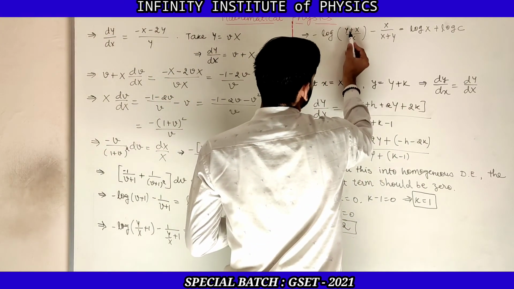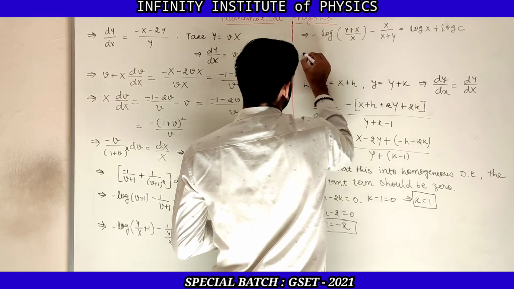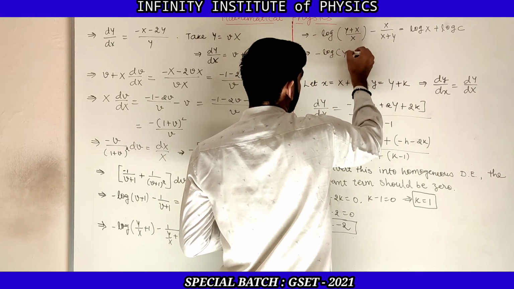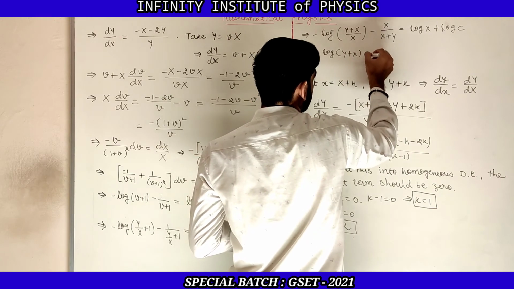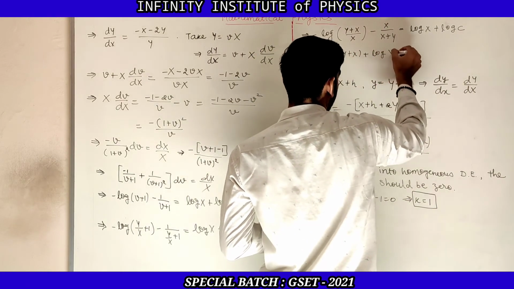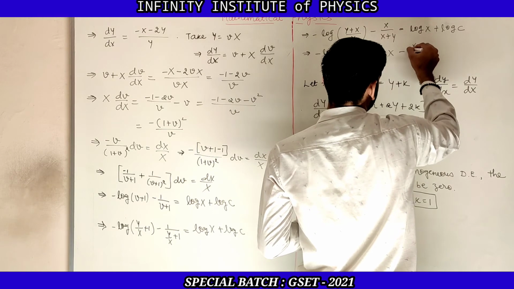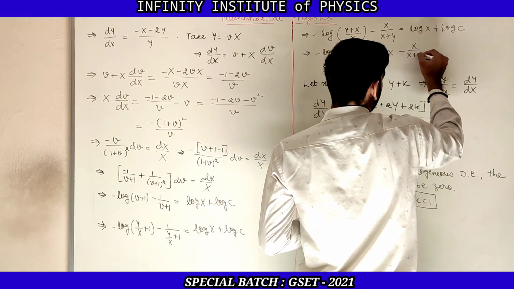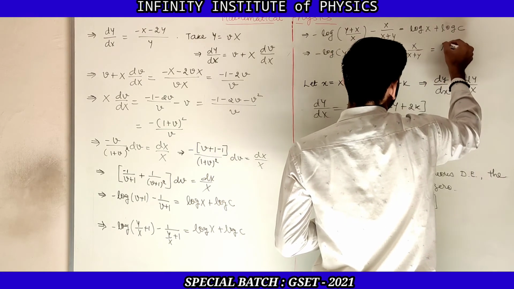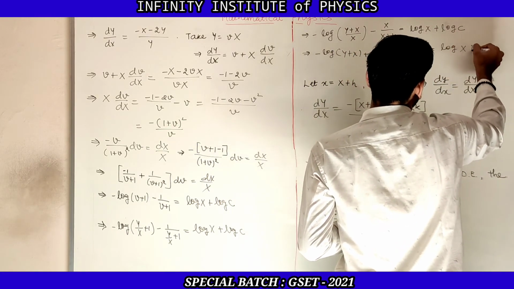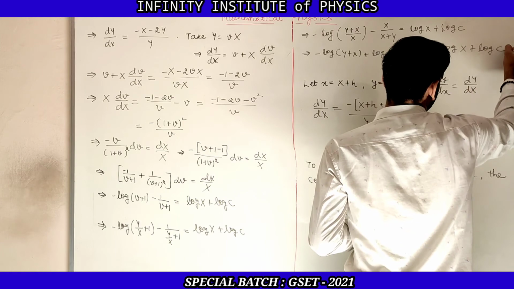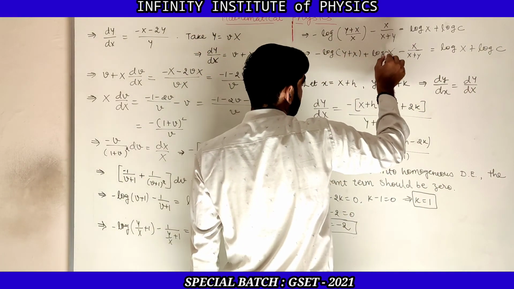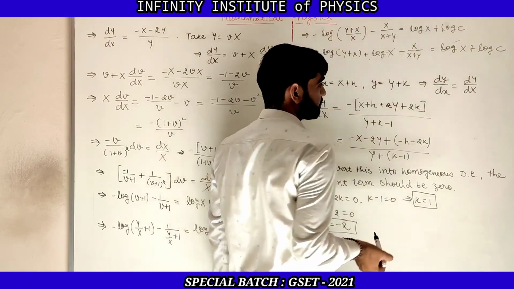So now you can see that this is log (y plus x) upon x, so that can be written as minus of log (y plus x), minus minus will become plus log x, minus x by (x plus y), which is equal to log x plus log c. But log x cancels out from both sides.